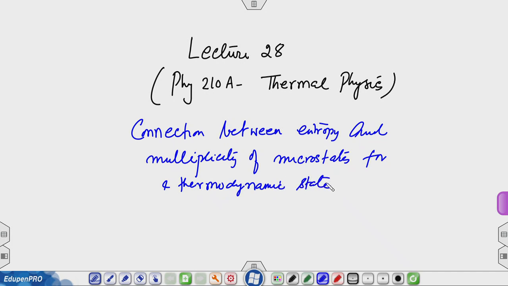And we developed these ideas briefly in the previous lecture, and here we are going to apply these ideas to an ideal gas.